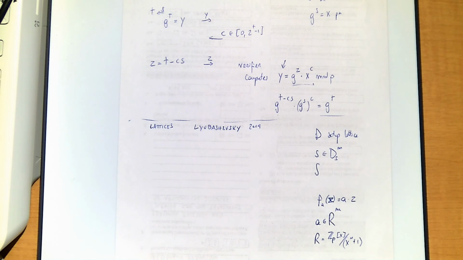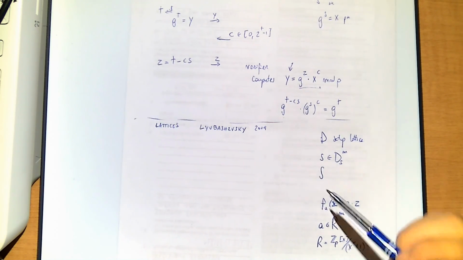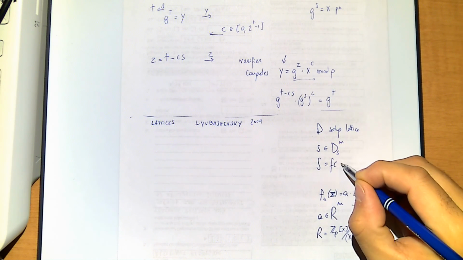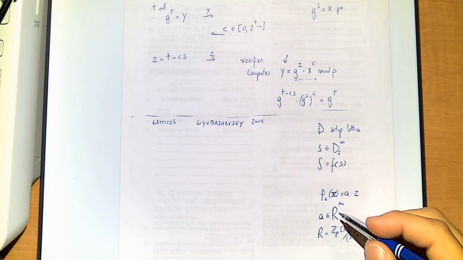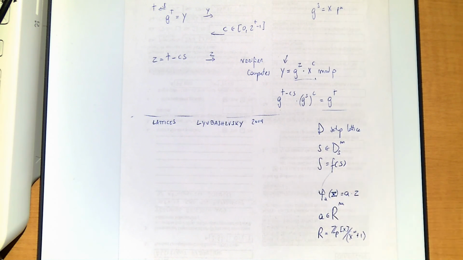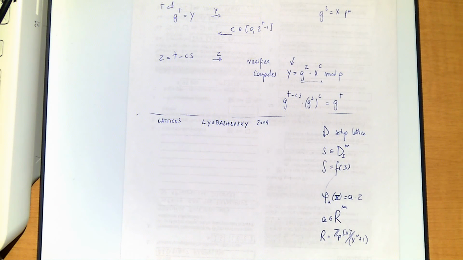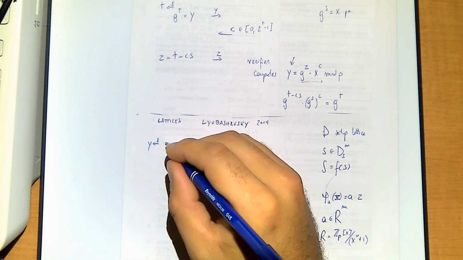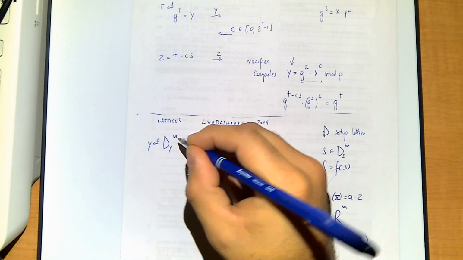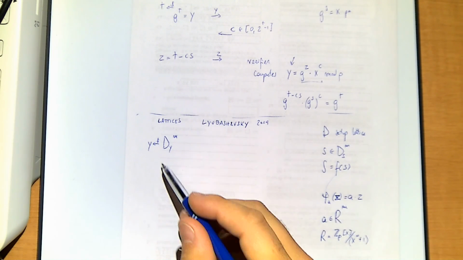Okay, and now what you do here is f of s, where f is one of these for a certain choice of a that you fix a priori. Then you choose y at random from its own distribution, and the norm of this y is going to be bigger than that of s, so that it hides it.